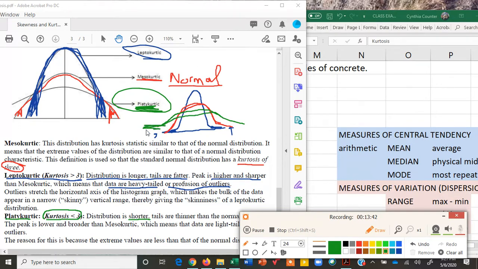Here the tails are what I would consider thicker when you're looking way at the extremes relative to the other two. So where is her platy? There it is, right? Way over here. See, it's really flat, right? And compared to these, the tails are shorter. This is what she means by the thinner tails.